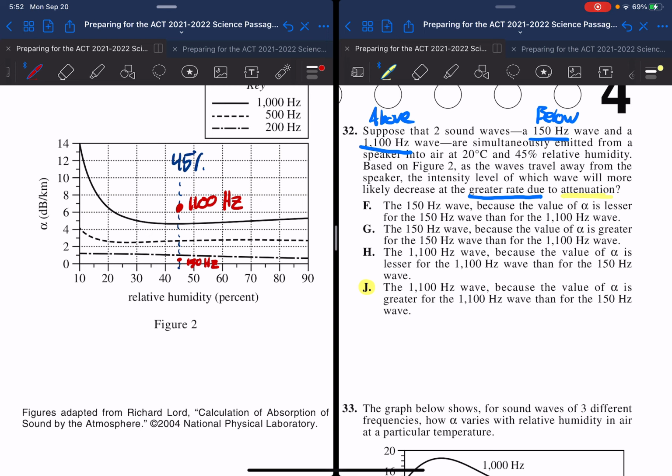And those two words often mess students up. Because, all right, greater decrease, a lot of students think, well, that means they want the lower number. That is, they want 150 hertz down here. But actually, we want the 1,100. Because it says the value of alpha is greater.